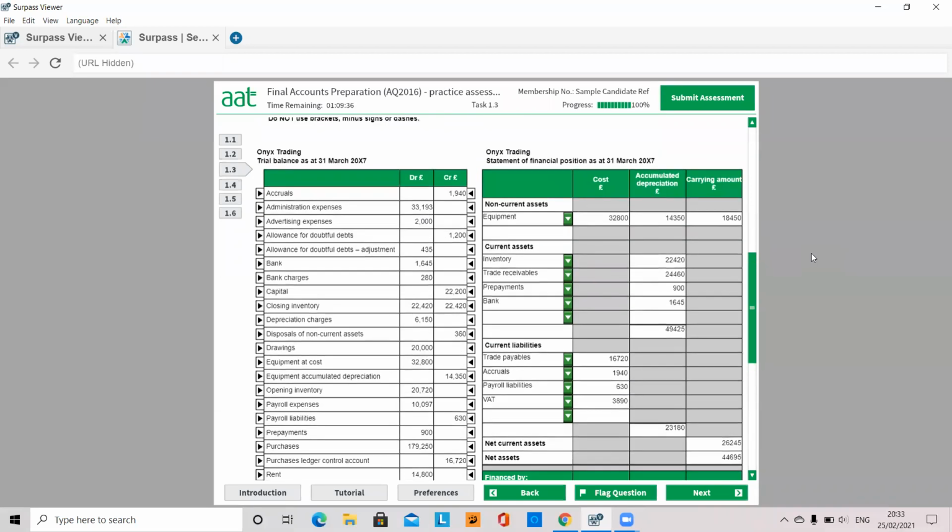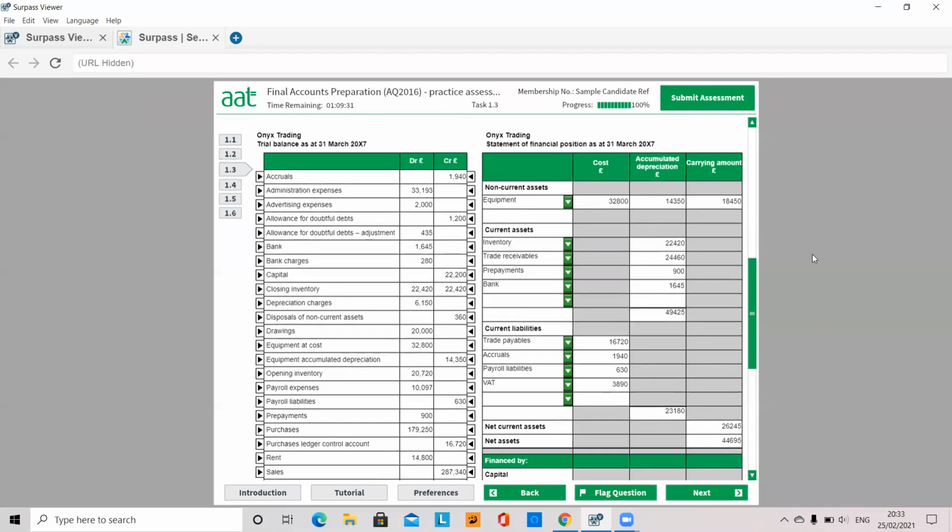Then we have to complete the statement of financial position. I should be ticking these off as I'm going along. So we've got equipment, our non-current assets, our long-term assets, like motor vehicles, fixtures and fittings, equipment, and so on.